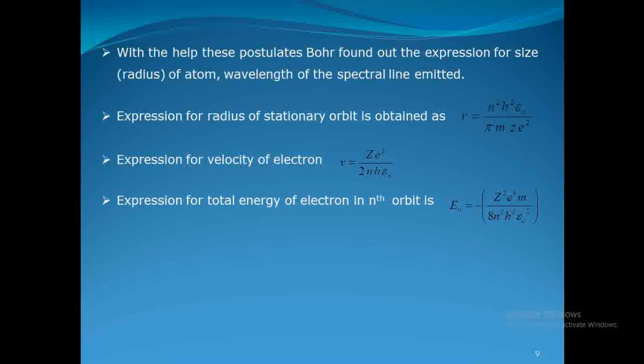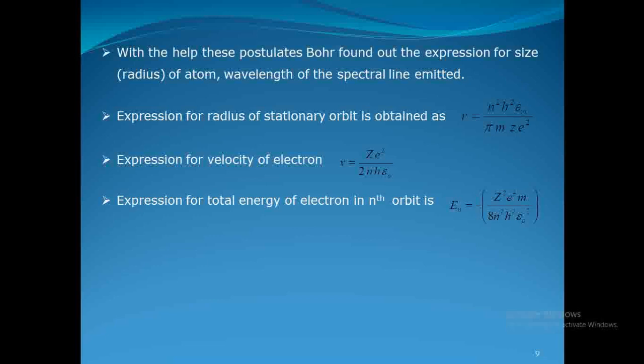Remember, there is a physical significance in this expression: En is equal to minus. We can see that there is a negative sign. The negative sign indicates that the electron is bound to the nucleus and energy must be supplied to take the electron out of the atom. This will appear in your concept questions or 2 marks questions.